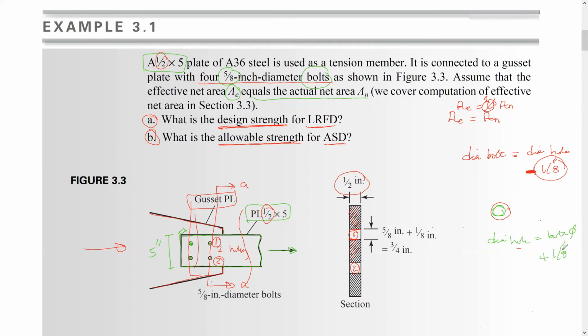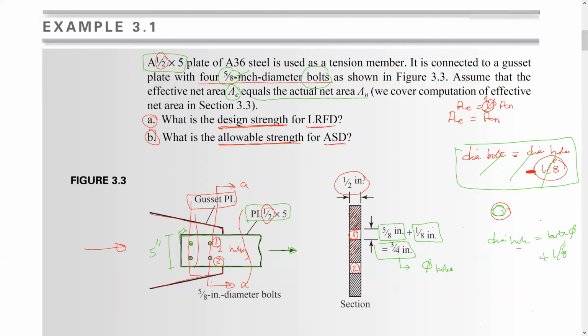We always add 1/8 to the bolt diameter. It's much better saying it in this way. So this is how much the diameter for this hole is going to be: the diameter for the bolt, which is mentioned here, plus 1/8, which is constant. Sometimes in the manual they use 1/16, but just take 1/8. If you add these together, you get the diameter for the hole, which is equal to 3/4.